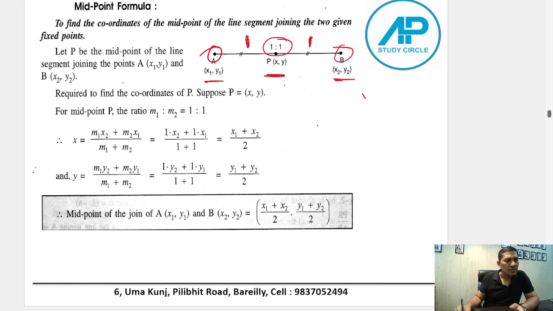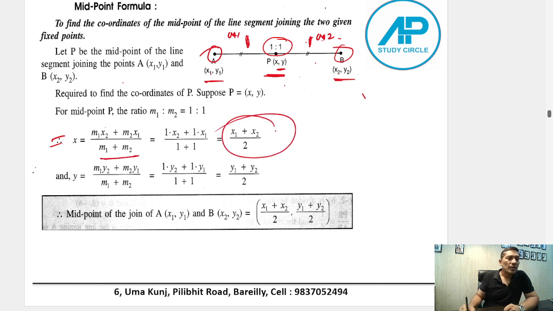If I apply the section formula here as I have done for you, this is m1, this is m2, x1 y1, x2 y2, x comma y. So x equals (m1 x2 plus m2 x1) upon (m1 plus m2), which is (1 plus 1) in the denominator.